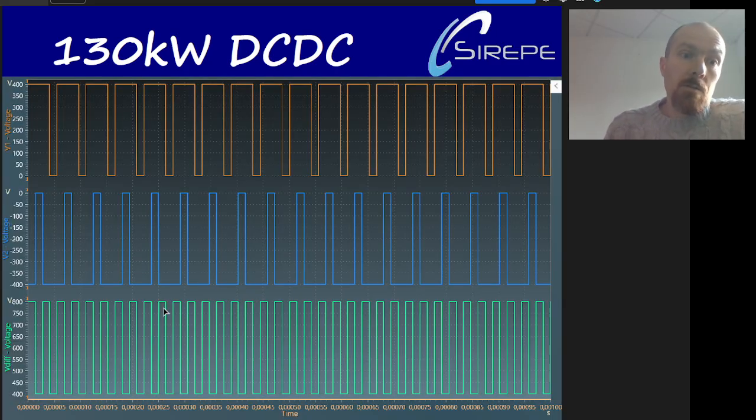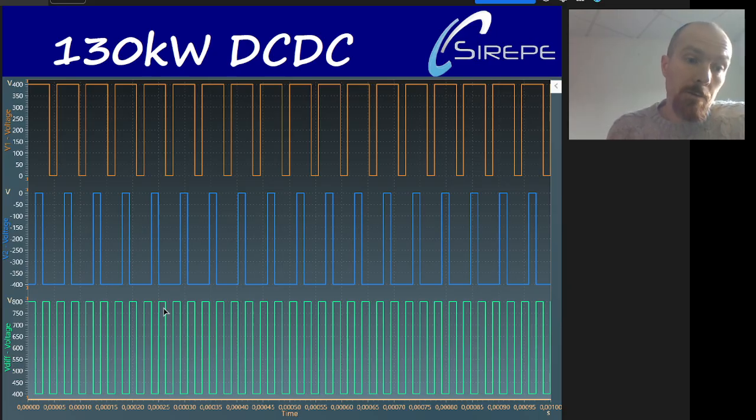Here we can see the voltage waveforms, and the switching potential of the positive leg, which is between 0 and 400 volts, and the negative one. We can see the interleaving between the two voltages, and the resultant differential voltage is between 40 and 80 volts, depending on the duty cycle.